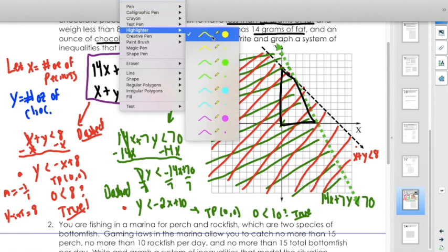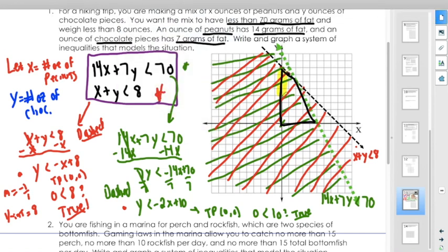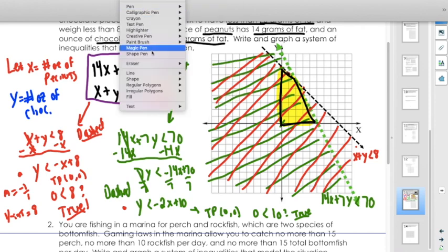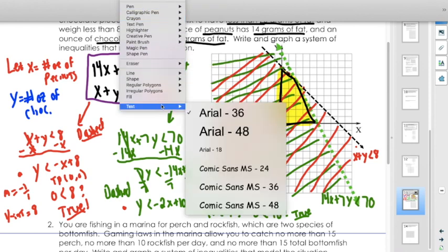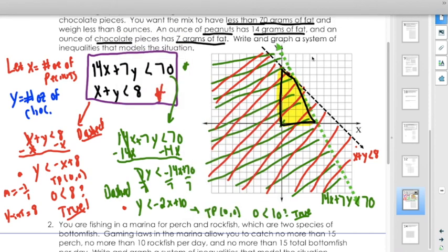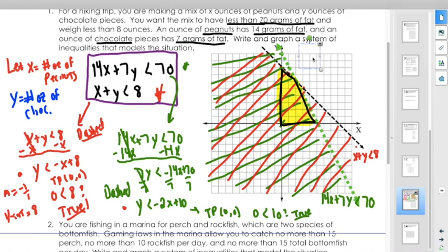So let me pull out my highlighter. This is the only piece that is logical in this case. Okay. So let's put a little note here. Let's say only use first quadrant.